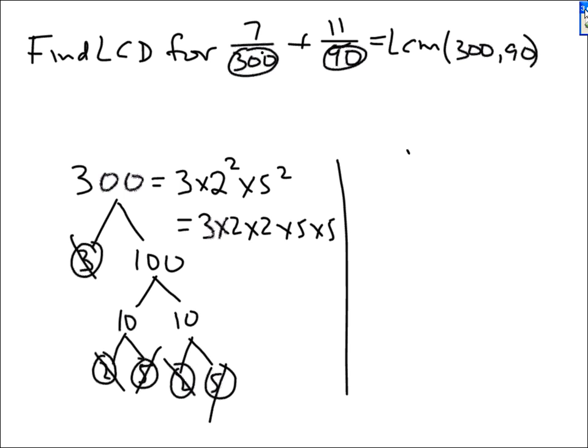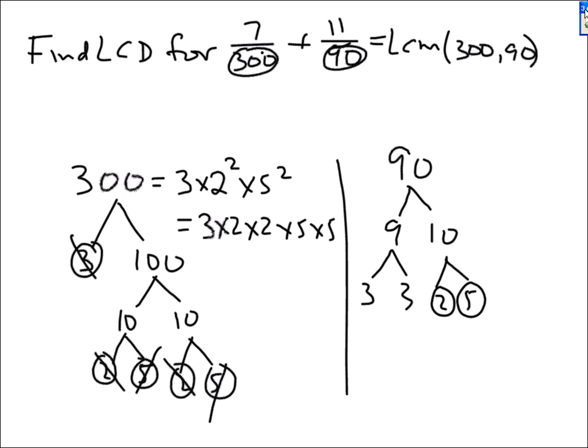Now let's go to 90. 90 is 9 times 10. 9 is 3 times 3. 10 is 2 times 5. Each of these numbers that I just circled is prime. So we get 3 squared times 2 times 5.